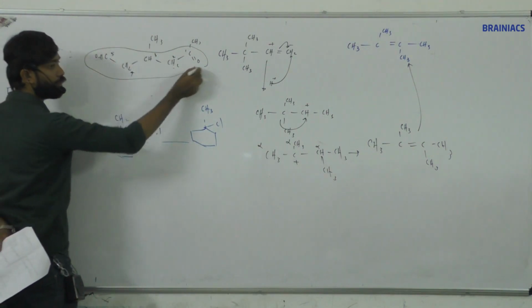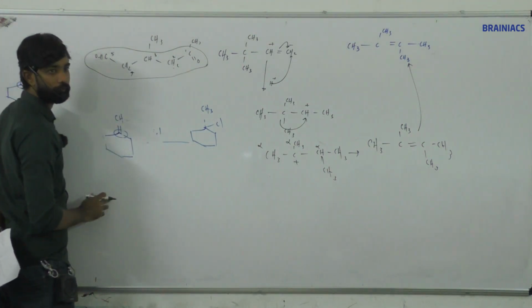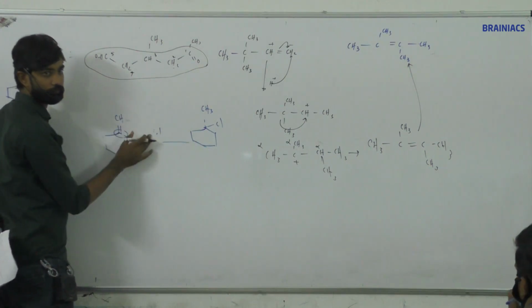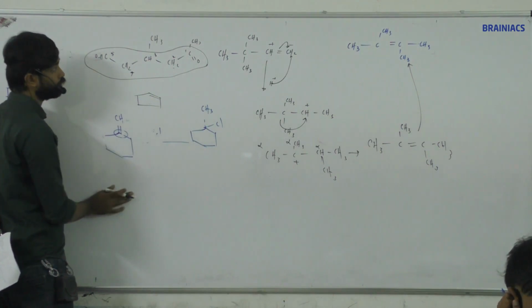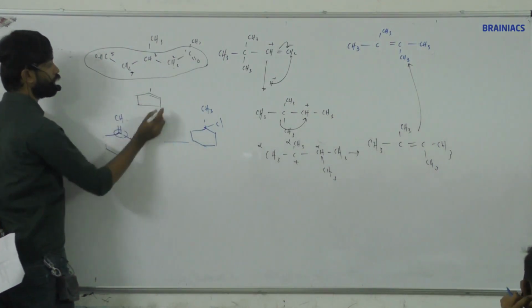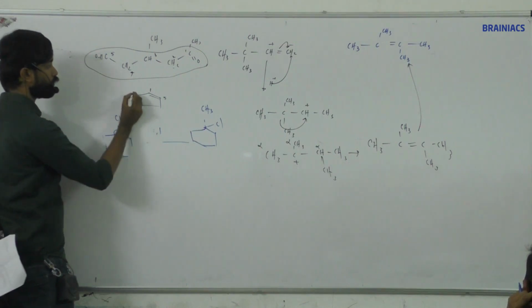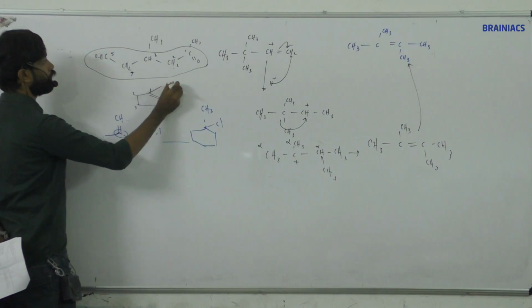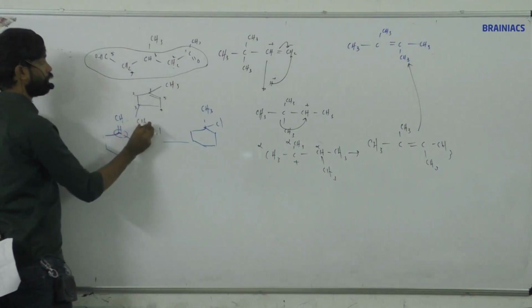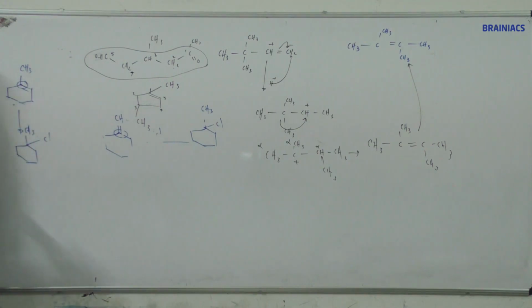This becomes a ring, right? Agreed. This becomes a ring. So a ring of 5 carbons, where this is the first carbon and this is the 5th carbon. So this will be 2, 3, 4. And your first carbon has a methyl, third carbon has a methyl. Okay. So your choice is C. Reverse thinking.